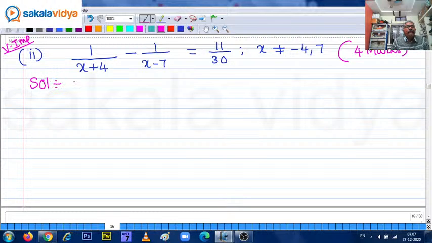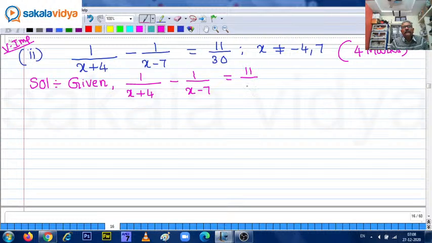Solution. Here given 1 upon x plus 4 minus 1 upon x minus 7 equals to 11 upon 30. So now first take the LCM.